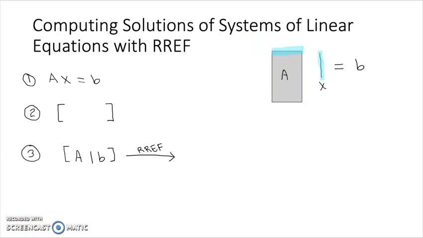So it may be that the system is not yet in matrix vector form, so we write the system in matrix form, then we create or form the so-called augmented matrix. In general, the coefficient matrix may have m rows and n columns.